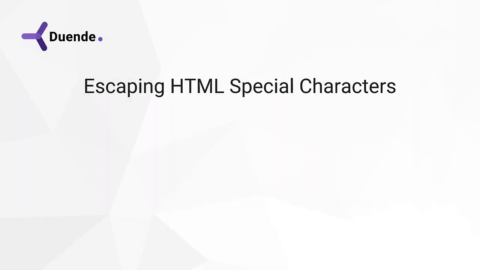So what's the main mistake developers make that leads to XSS? They output user input as is. Whenever untrusted data is inserted into HTML, we must escape characters that have a special meaning in HTML. These include the opening and closing angle brackets, because they delimit elements such as script.